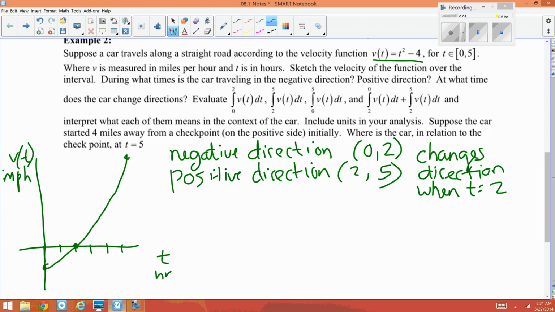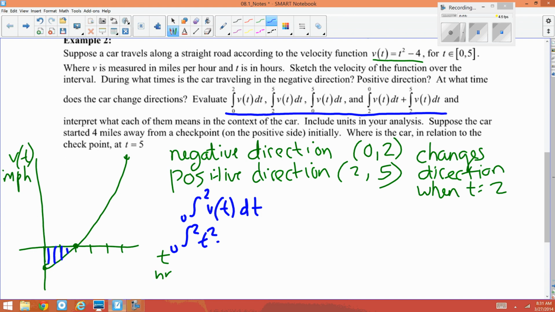And now we're going to evaluate each of these things. 0 to 2 of the velocity function, the integral. Okay, so we're looking for this value. This is a function we can do by hand. I'm not going to do all of them by hand, but I just want you to see this. Add 1 to the power, divide by that new power, so we get 1/3 t cubed minus 4t. We're evaluating it from 0 to 2.